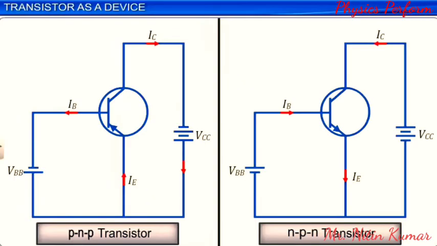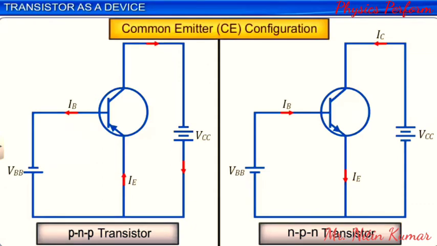You have learned that when the emitter terminal of a transistor is common to the input and the output, the transistor is said to be in common emitter configuration.